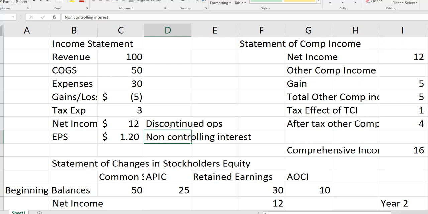If we own more than 51%, we control the company, and we put all of the revenues and expenses from that company on our income statement. However, we are not entitled to all of the net income, only the percentage we own. So if we own 80%, the other 20% of the company's net income is referred to as non-controlling interest. So we take that out before we get net income.